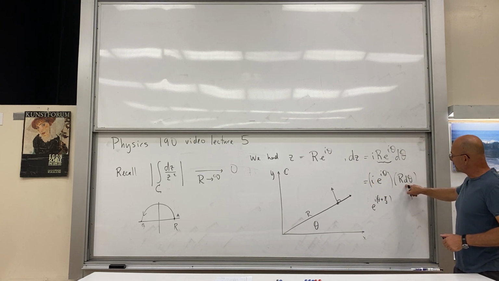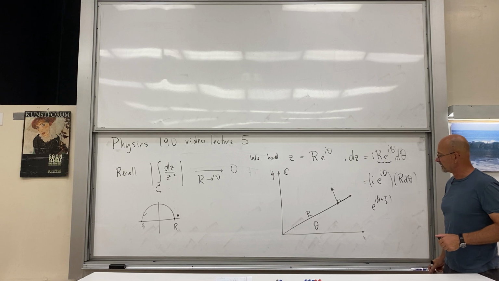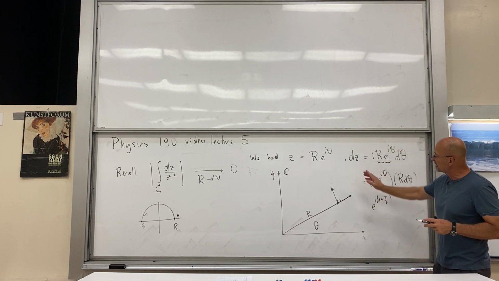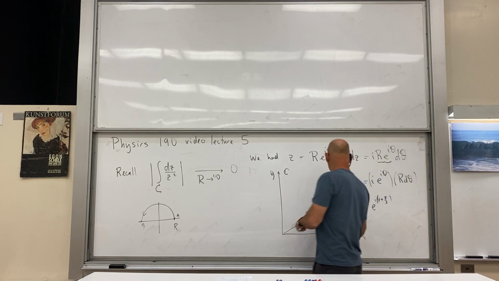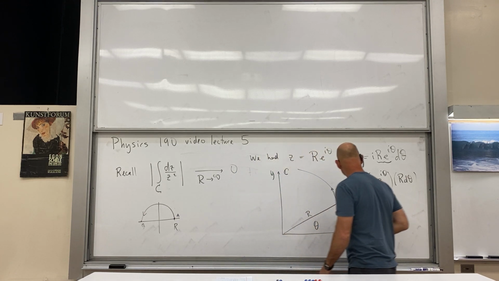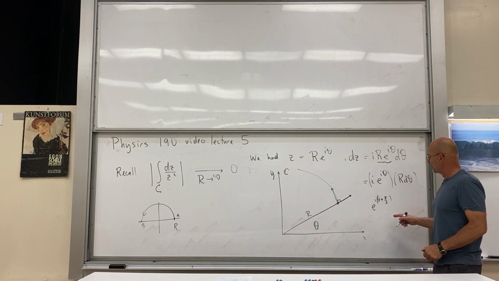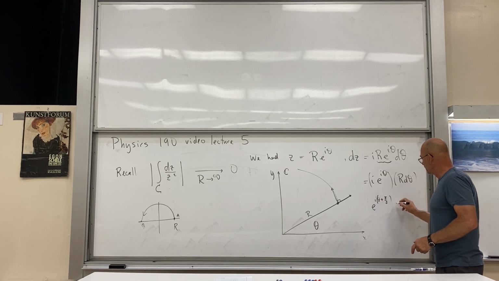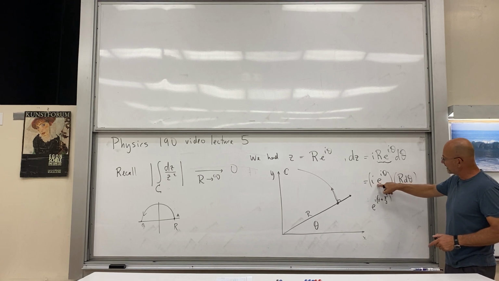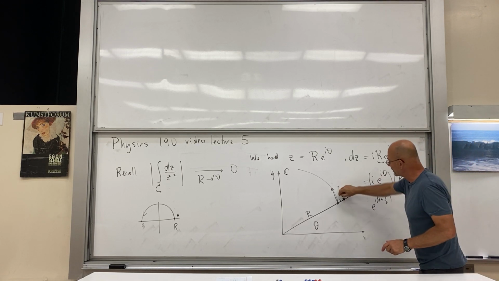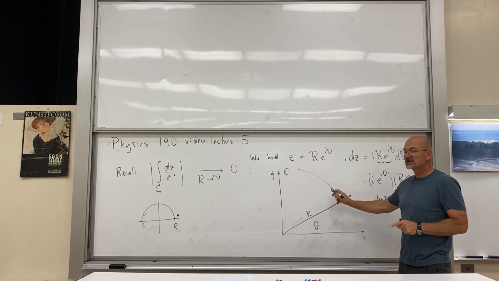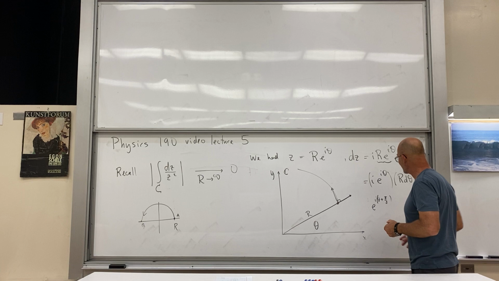And then r d theta, of course, is just an arc length. What that shows us is that dz really is pointing along this semicircular arc. e to the i theta plus pi over 2 is i e to the i theta, and that's this thing rotated that way. So dz is really pointing in the direction tangent to the curve, the way it's supposed to.